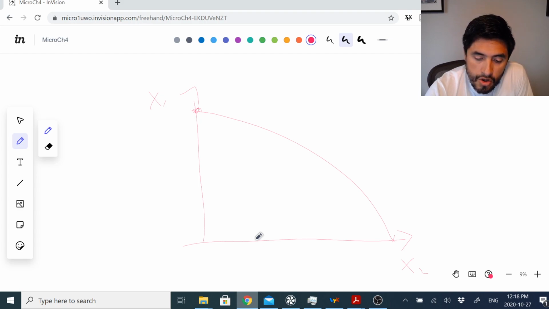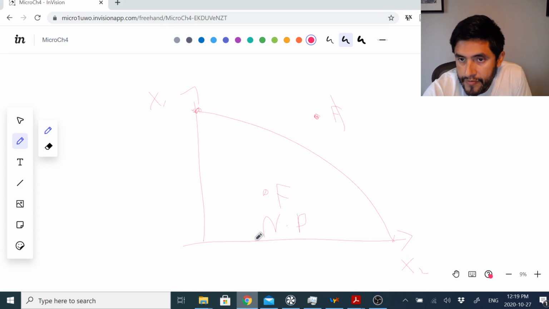Nothing here is feasible, okay? And everything here is feasible, but it is not Pareto optimal. So all the points on the line are on the Pareto frontier. These are all points that are Pareto optimal.